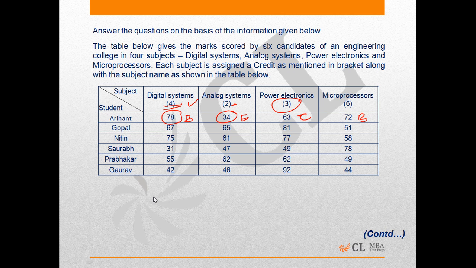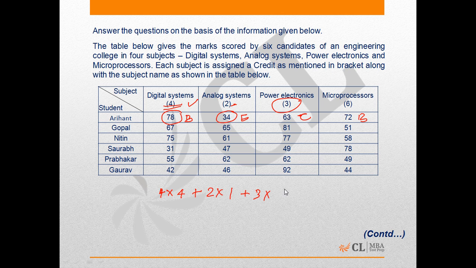As per the given formula, his CGPA will be credit in digital system, which is 4, into points given for the grade in that subject. B fetches 4 points, so 4 into 4 plus credit into grade point. E fetches exactly 1 point plus 3 into grade point.